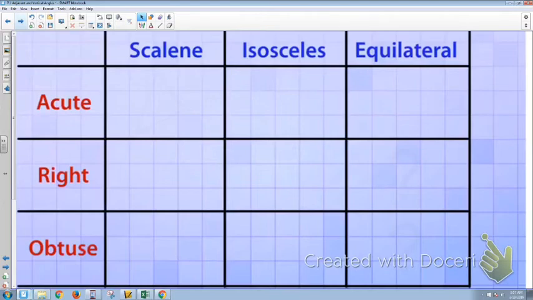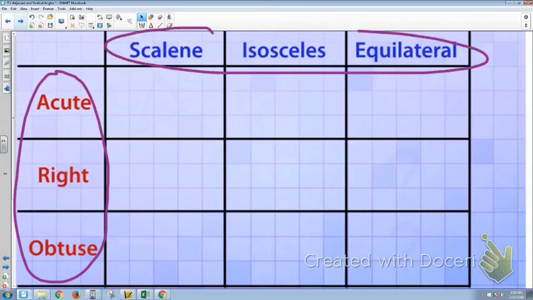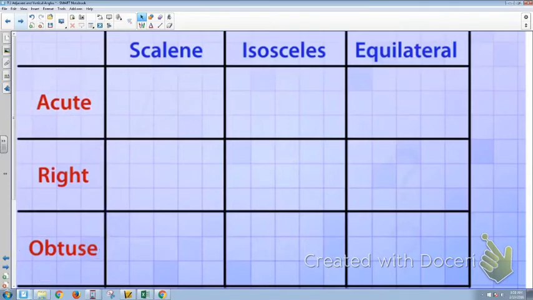Let's just talk about, we classify triangles using, first of all, their angles, and second of all, their side lengths. So to understand what I mean by that, let's just take a look right at one of these triangles. What you have here is a triangle whose angles are all less than 90 degrees.